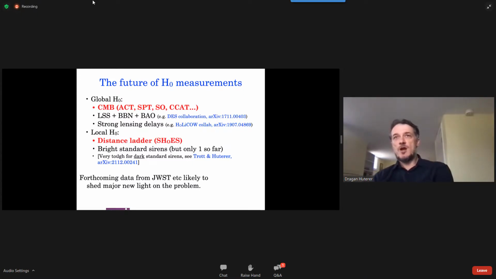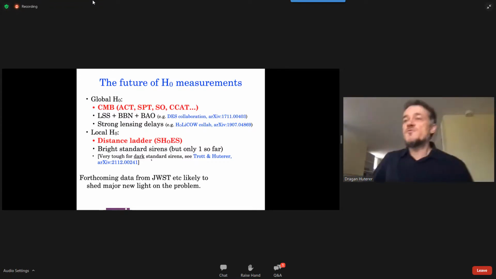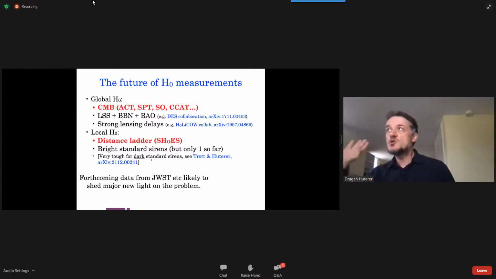Gravitational standard sirens are promising. I'm not sure they cleanly fall into global or local measurements, but the bright sirens, where you see the counterpart, are really quite promising, but there's only one so far. And the dark sirens, where you don't find the counterpart, but where you ask many galaxies to vote which one of you was the source of the gravitational wave signal, that's another method that I think will have a tough time competing in terms of accuracy, especially.